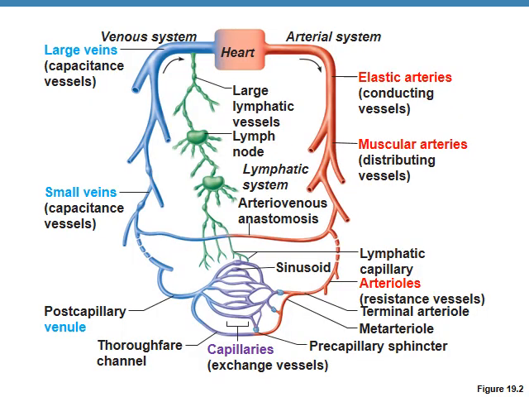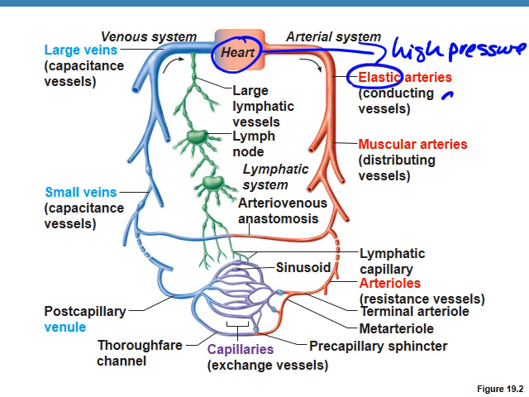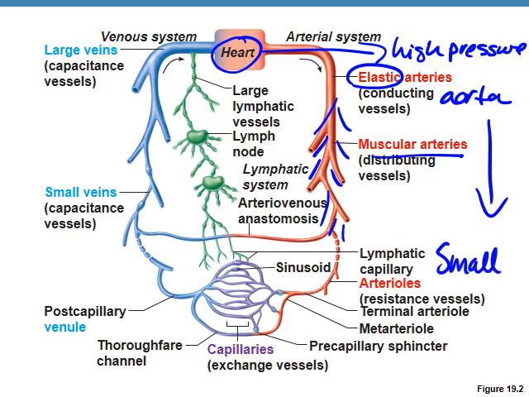So when you look at this cardiovascular system, you should see that if we're coming from the heart, this is under high pressure. So that's why we have elastic arteries like the aorta. And then we branch to muscular arteries, then we branch, and what are we doing? As we move down, we're going from large to small.